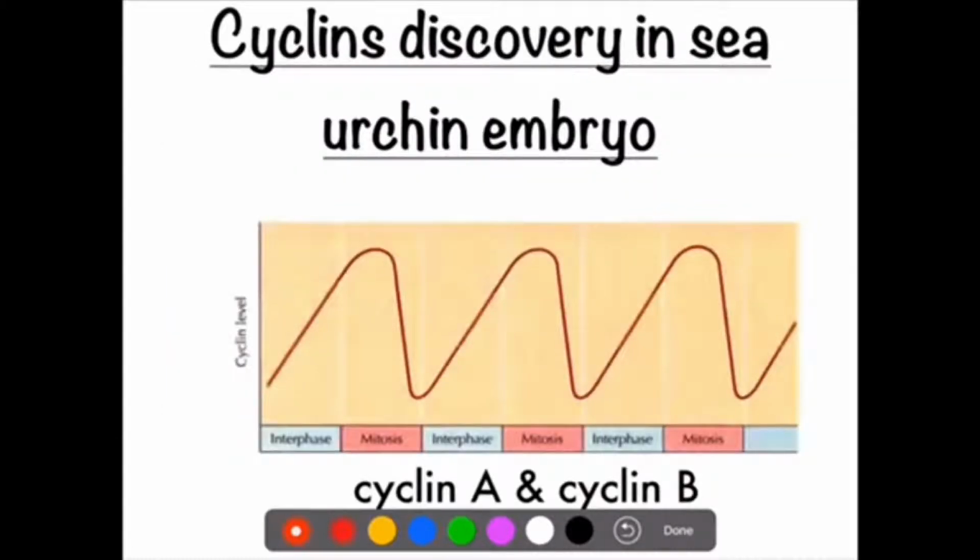Discovery of cyclins in sea urchin embryo. Later, some researchers took the cytoplasm of sea urchin embryo and analyzed the proteins. They found that some proteins are not constant in different phases of the cell cycle. They continuously go up and go down in different phases of the cell cycle.